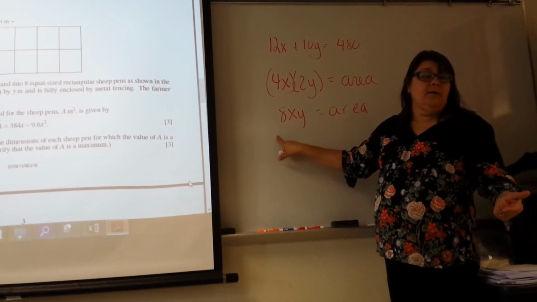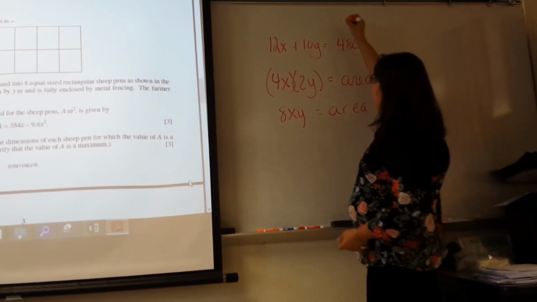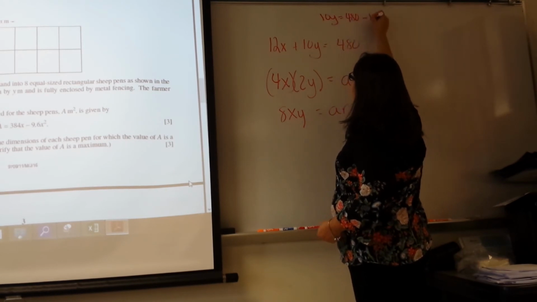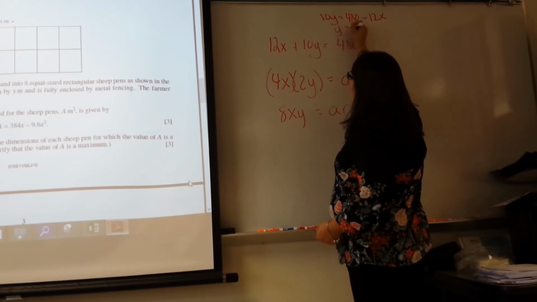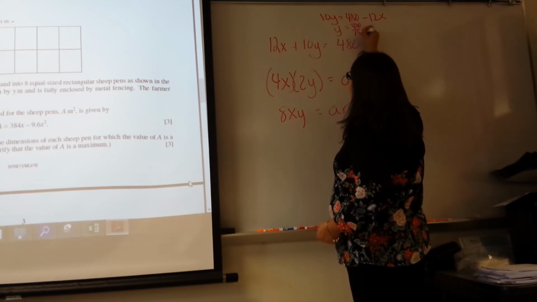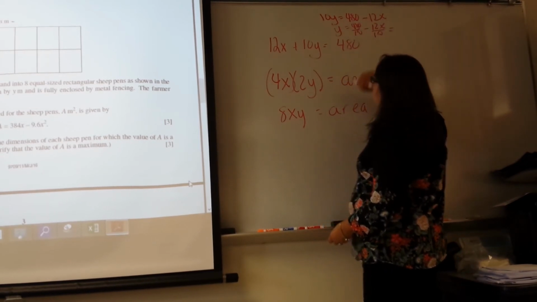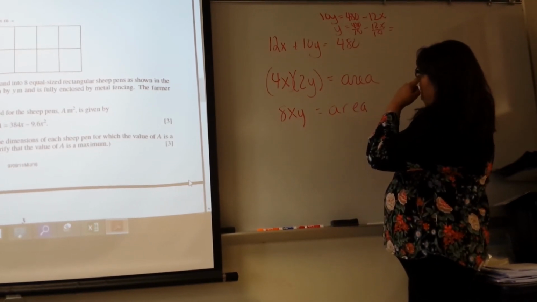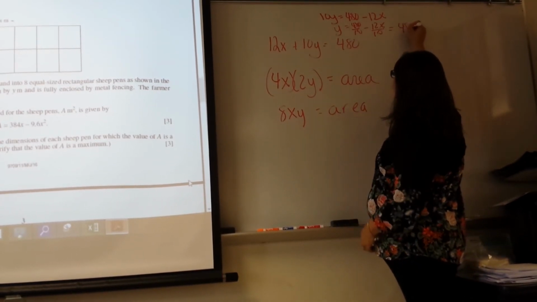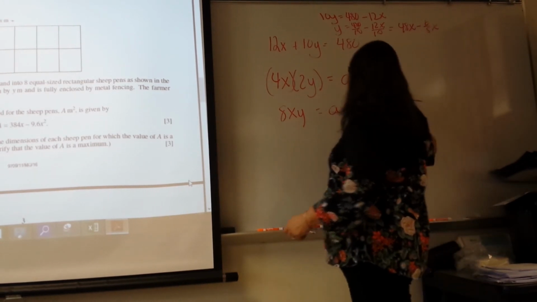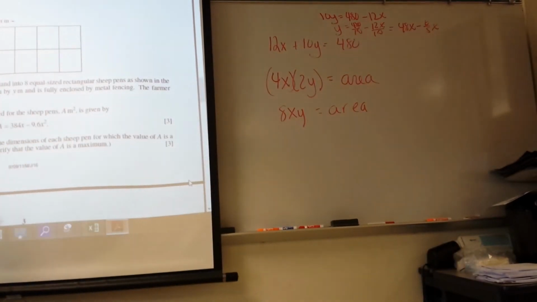Does that sound familiar? So I'd have 10y equals 480 minus 12x. Y equals 480 divided by 10 minus 12x divided by 10. What does that clean up to? 48, and 6 over 5, 6/5 x. So everywhere you see a y, stick that in there.